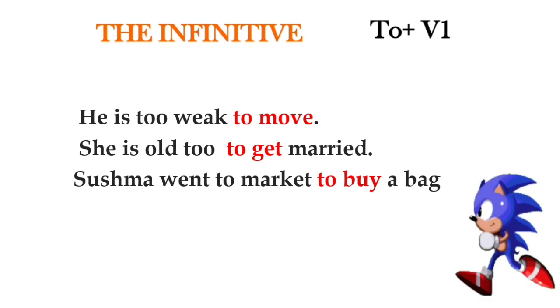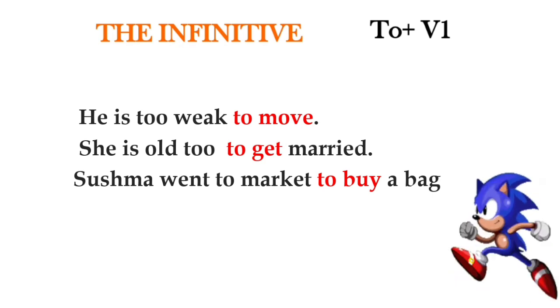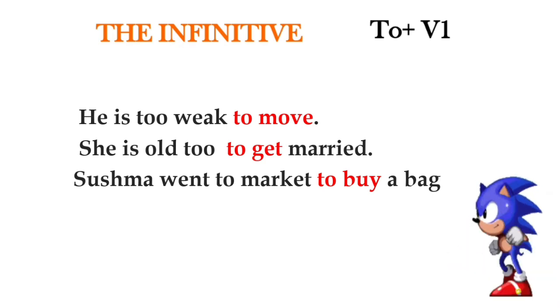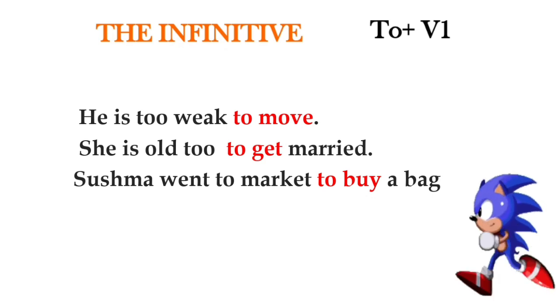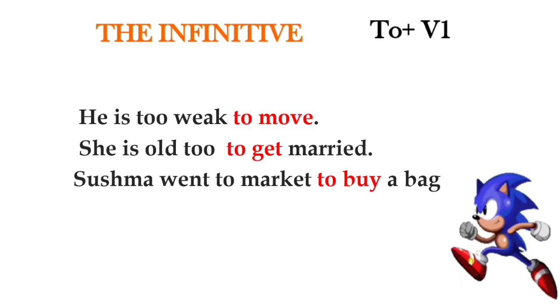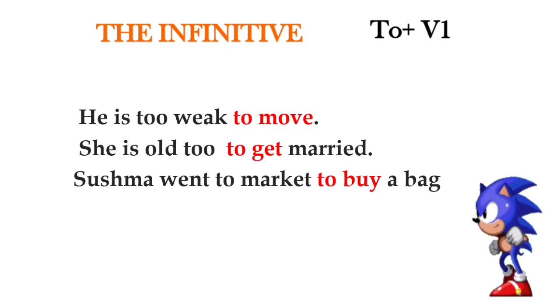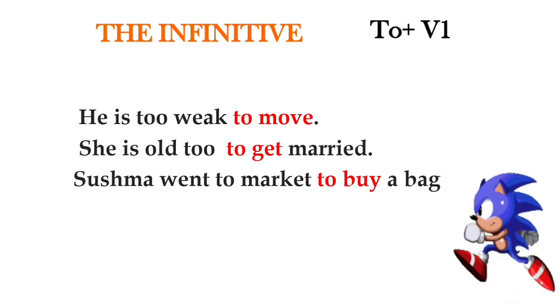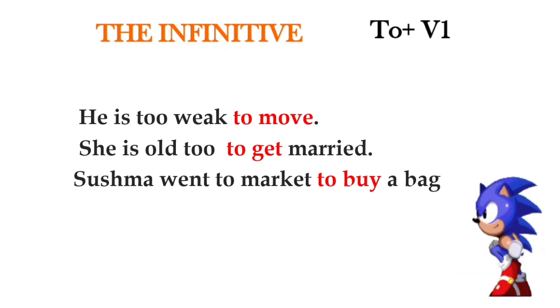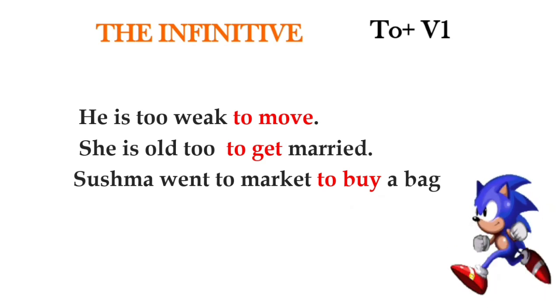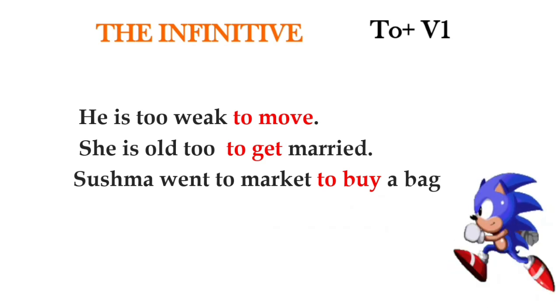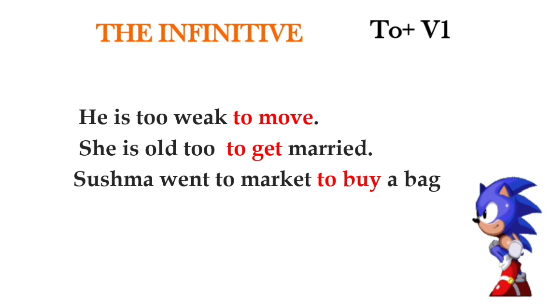See the next sentence. She is old to get married. She is the subject, is is a finite verb, then to get. To get is the non-finite, and among non-finites it is a to-infinitive. Then, Sushma went to market to buy a bag.